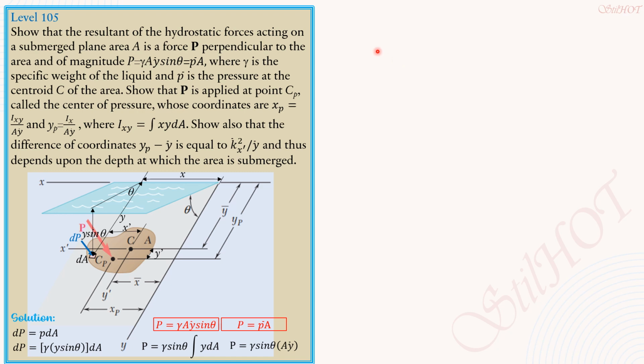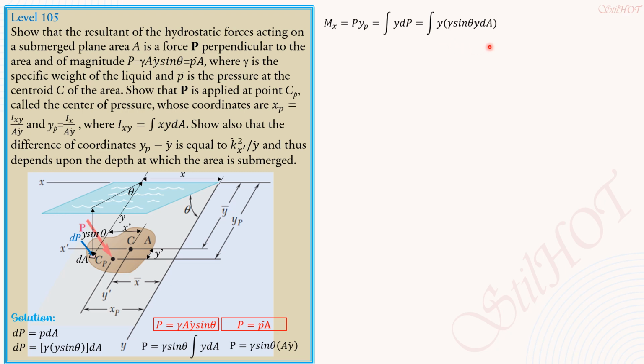Then for the value of y sub P, so moment about x-axis is P times yp equals integral of y times differential P by first moment of mass, where differential P is equal to gamma sine theta y dA.